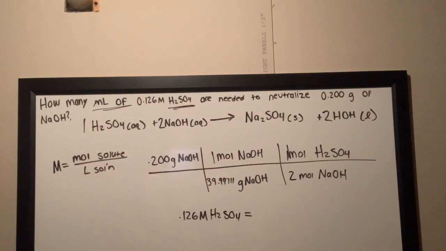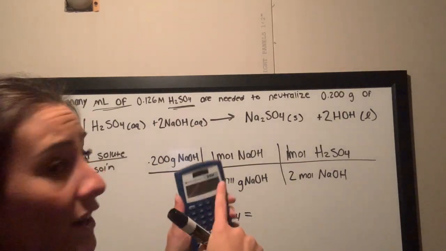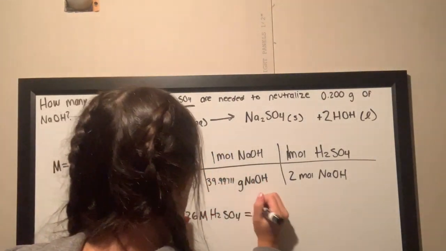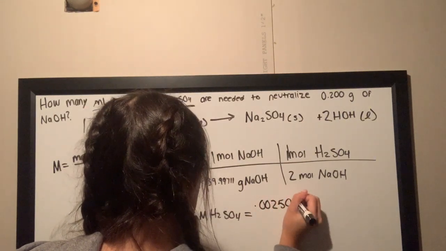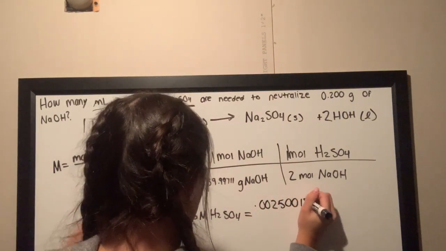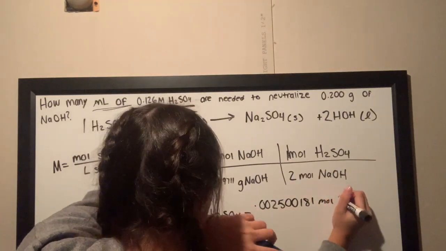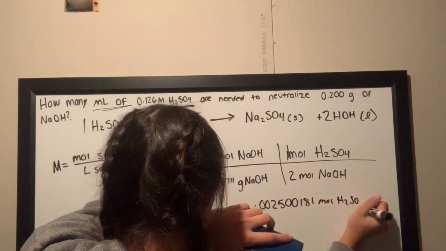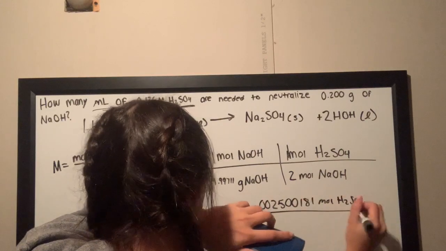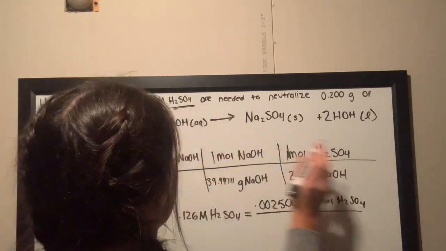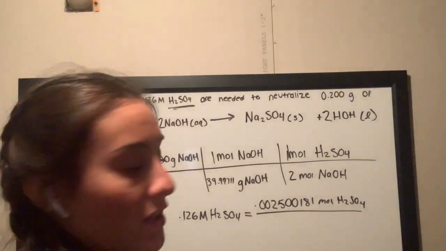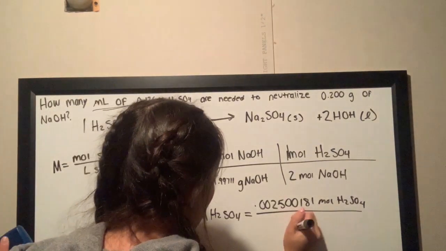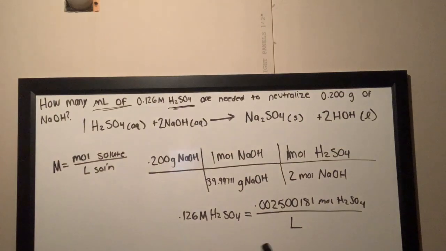I usually don't, but equals, we just calculated the moles. It's going to be 0.002500181 mole H2SO4 divided by, what we're trying to find is milliliters, but when you're using the molarity formula, just use liters. That's the volume that it's going to be in. So now we just have to solve for L.